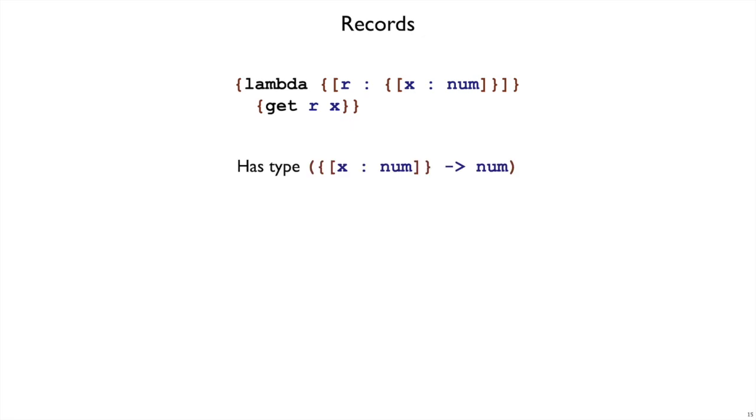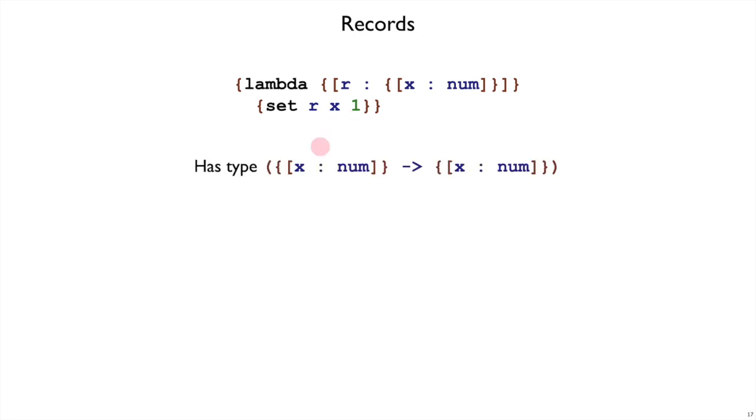And the function itself has an arrow type, of course. Its argument type is a record type. So this function has the type: give me a record with an x field that's a number, and I'll give you a number back. If we do a functional update inside of the function, then it's taking this record that has an x field, and then it's updating that x field to have the number 1.